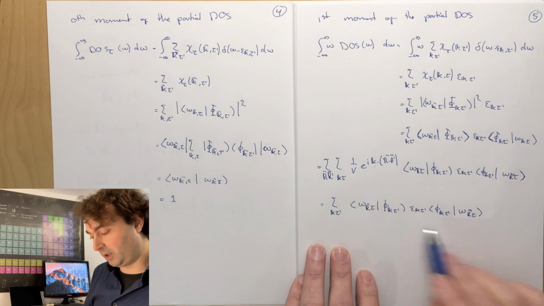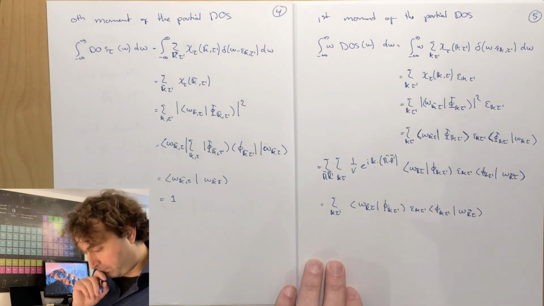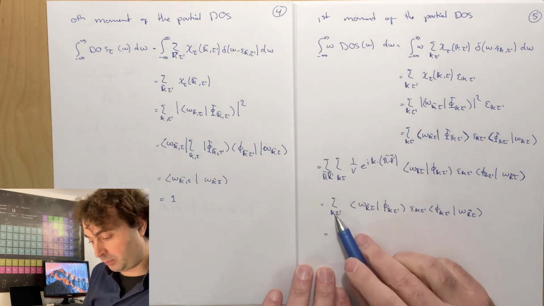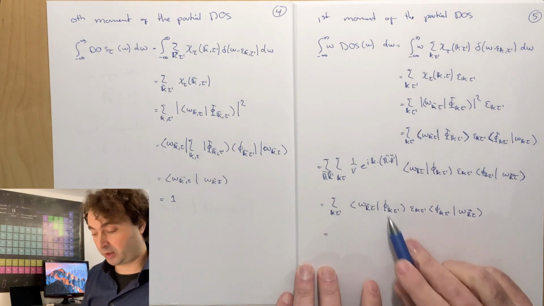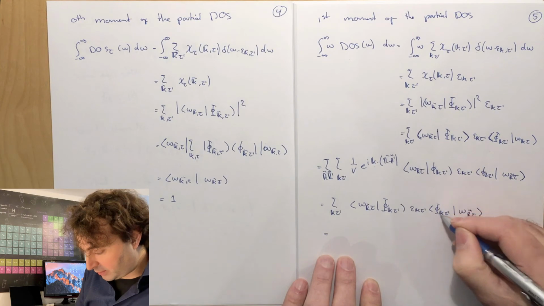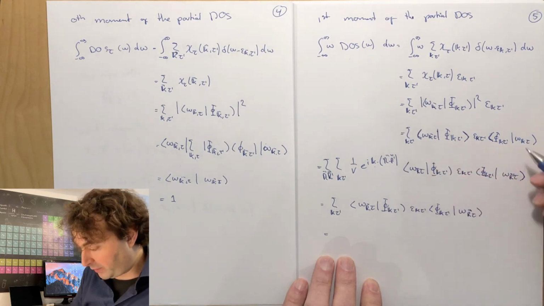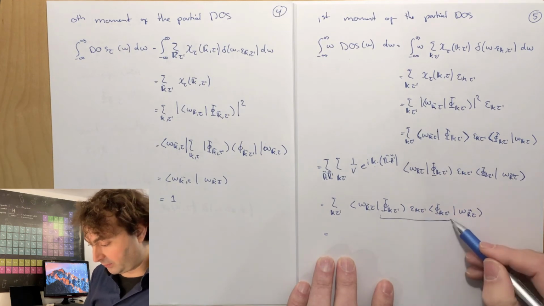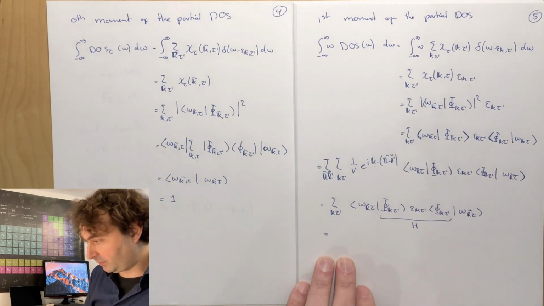And this integral is independent of r. Well, here we have a sum over k, and now we have a projection to the eigenstates, which forms a full basis, and epsilon k. So what we have in here is nothing more than the Hamiltonian.